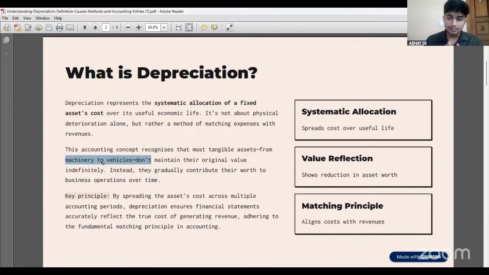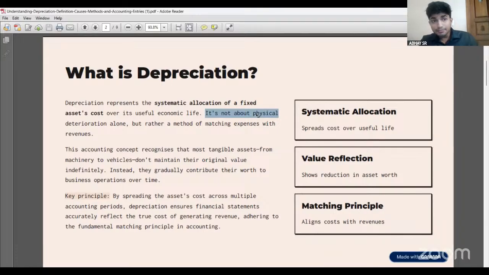If we see the financials of a business, we must allocate depreciation in every accounting period. It's a really important factor. So knowing what depreciation is is important for us as finance professionals.